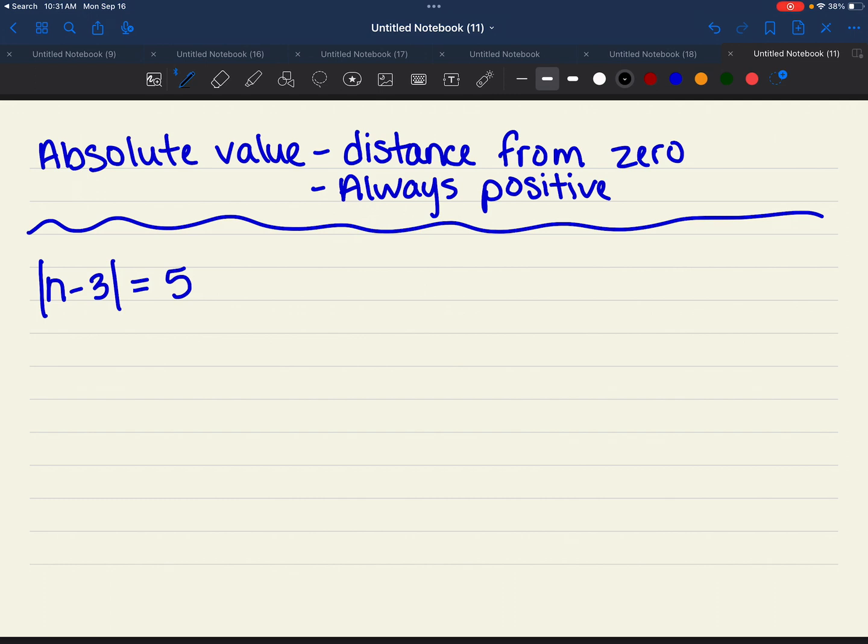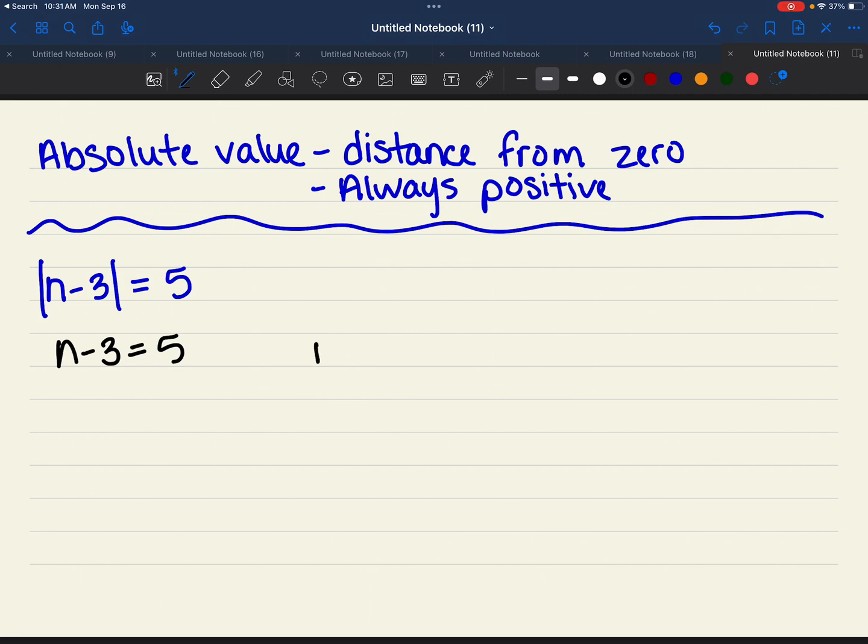N plus 3 equals 5. I want it to look exactly the same, but drop the absolute value sign.